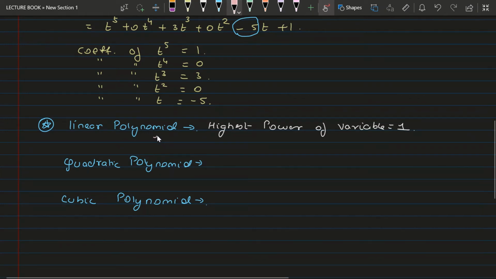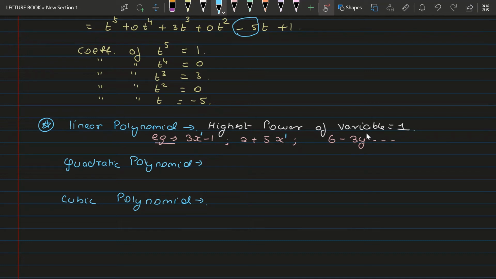For example, 3x minus 1, 2 plus 5x, 6 minus 3y, and so on. If you observe, if nothing is in the power, then in all these terms the highest power is 1. Therefore they are all called linear polynomials.